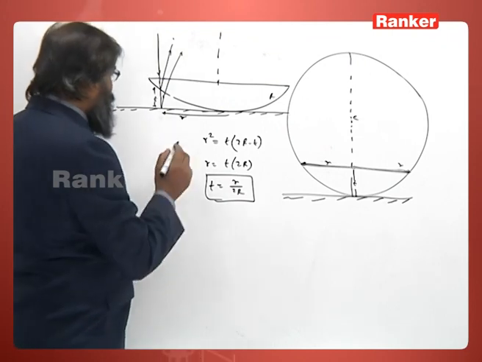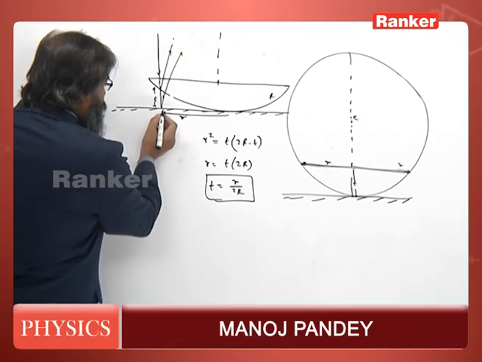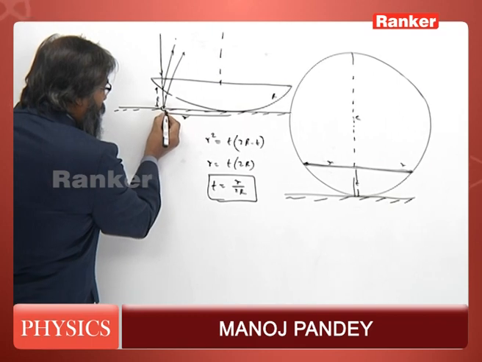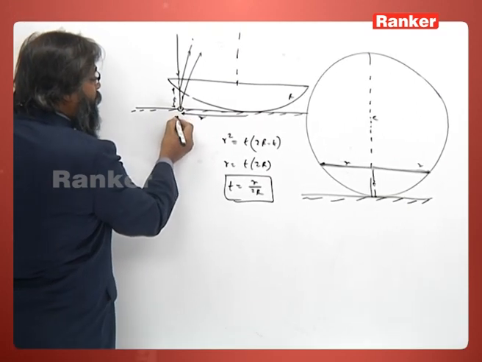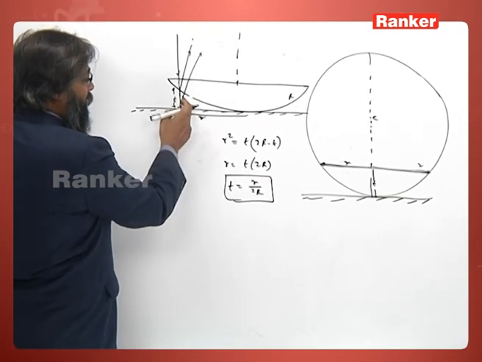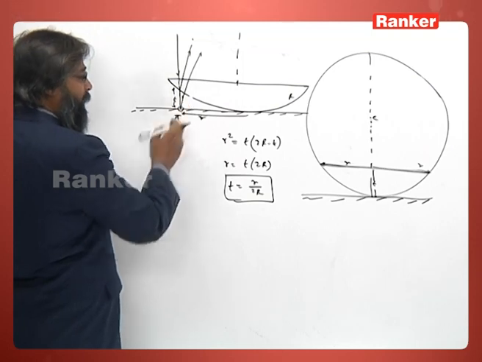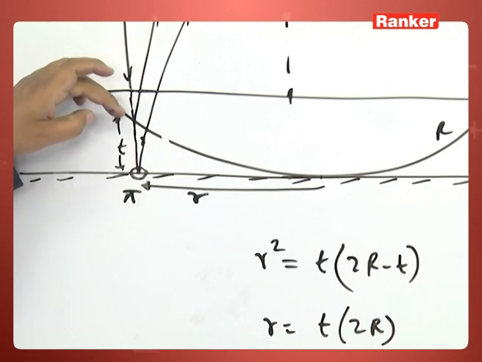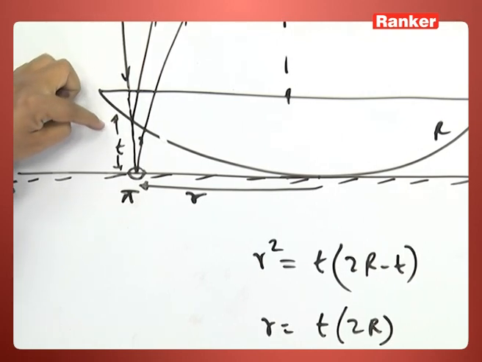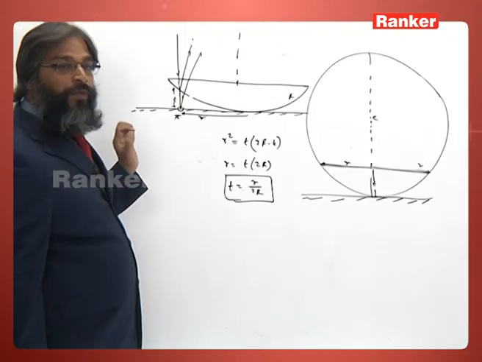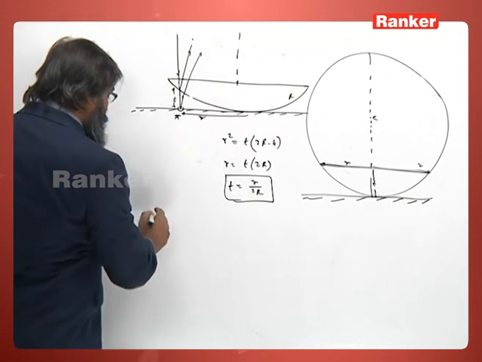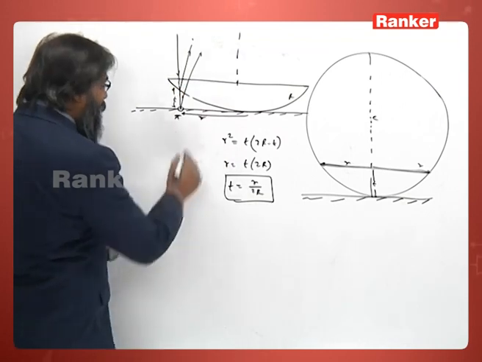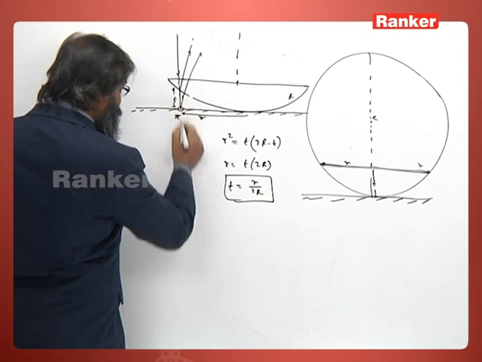Now, again we see that the wave reflected here has a phase shift of pi. Now, this is air, this is mirror. So, during this reflection there is a phase shift of pi, but the wave reflected here is reflected from air, so there is no phase shift of pi. So, what is the path difference here?